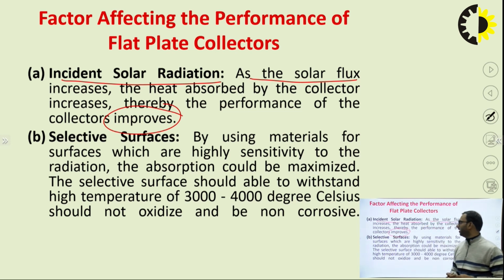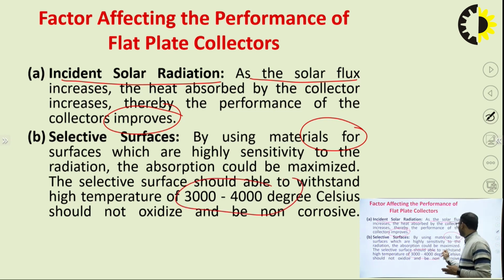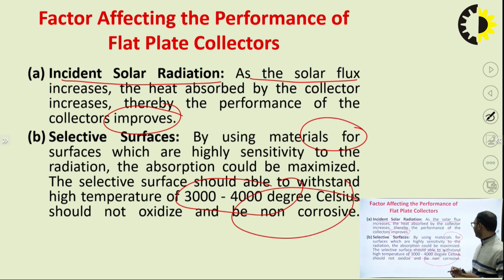The second parameter is selective surfaces. By using materials for surfaces which are highly sensitive to the radiation, the absorption could be maximized, and the selective surface should be able to withstand high temperature of 3000 to 4000 degrees Celsius, and it should not oxidize and should be non-corrosive.